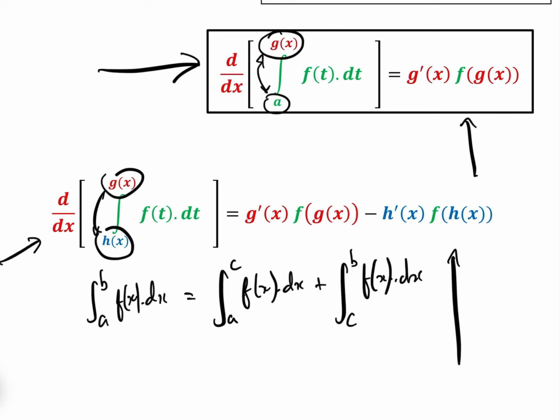All we're doing there is, if we had some sort of function, and here was a and here was b, we just introduced a point c and said that the whole area is equal to this area add this area.